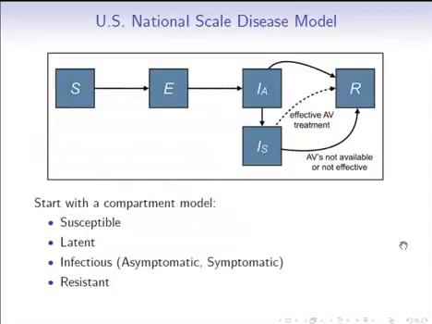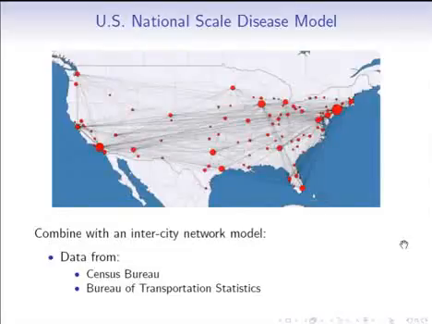So we'll start our disease model with a simple compartmental model. This compartmental model is going to have compartments for susceptible, latent, two kinds of infectious compartments, asymptomatic and symptomatic individuals, and resistant individuals. And we're going to combine that compartmental model with an intercity network model.